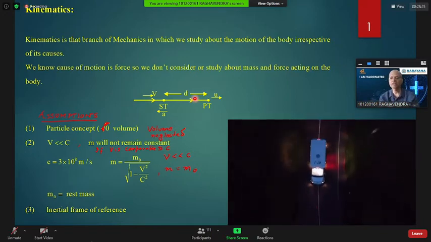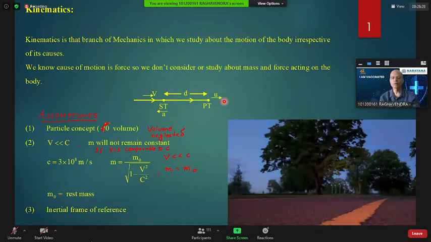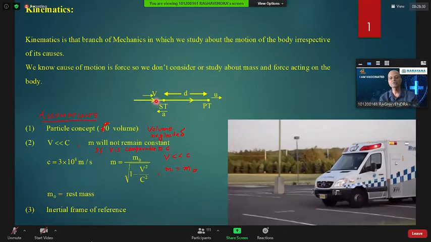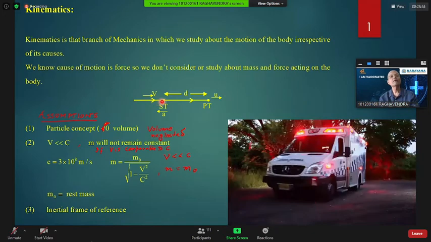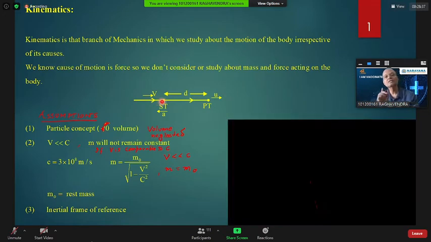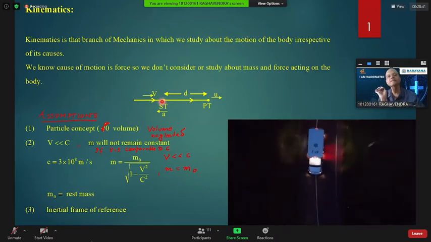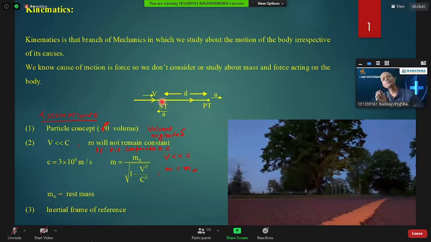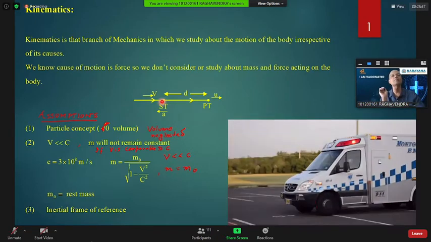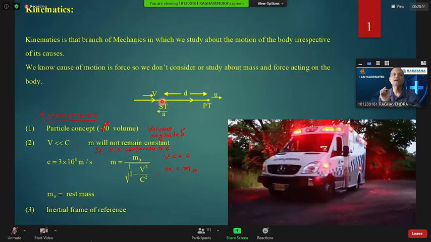Because the passenger train is going with constant velocity in this direction, whatever is happening to this super fast train. So the branch of mechanics which gives the answer to the very first question is kinematics, and whatever question comes after that, the branch which gives the answer is known as dynamics.